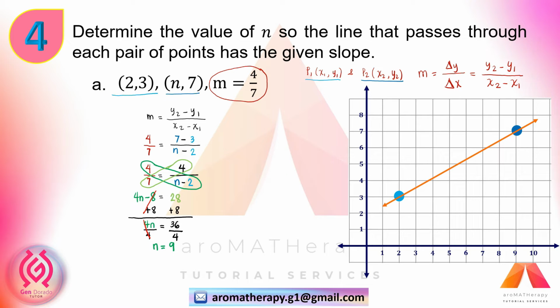Positive yung graph natin. Positive yung graph niyang (2, 3) and (9, 7). And their slope is positive. Positive yung given na slope. So, pag graph natin, positive din siya. It is rising from left to right o pataas. Can you follow?